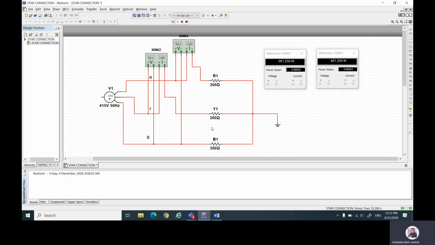This is the advantage of using the 2-wattmeter method: you only have to use two wattmeters to get the total power for three phases. So this is how you connect the 2-wattmeter method in finding the power for three phases.